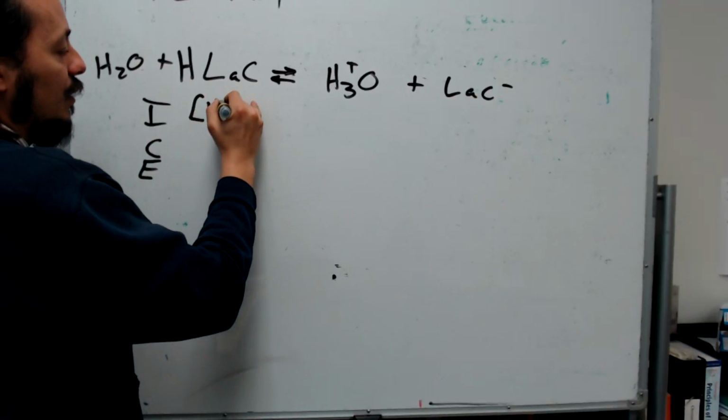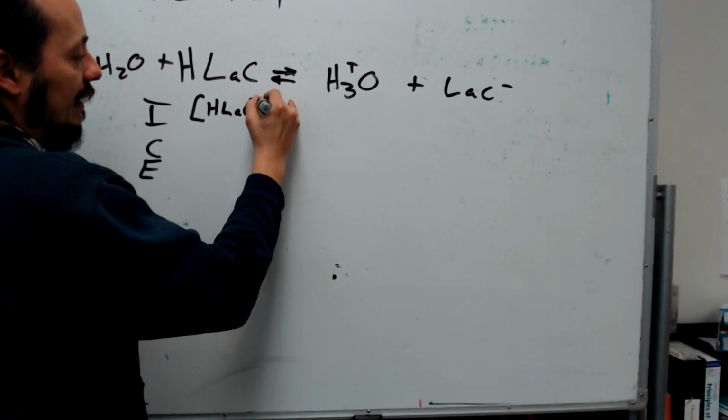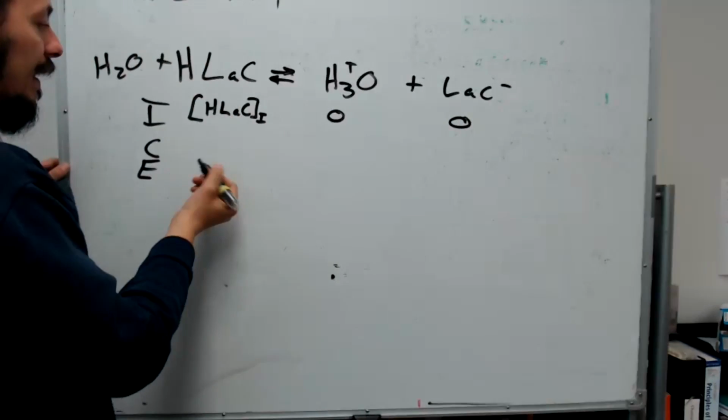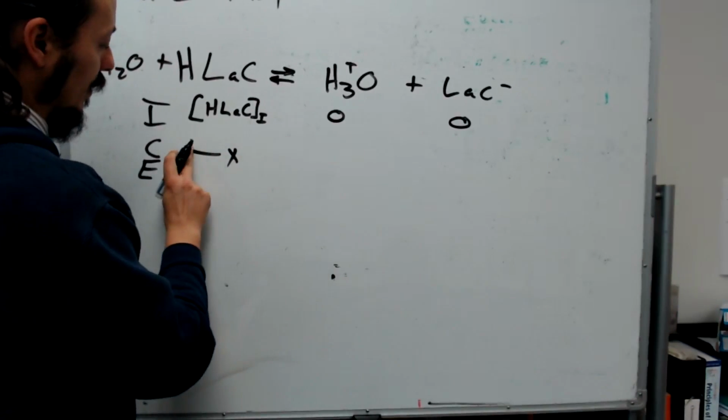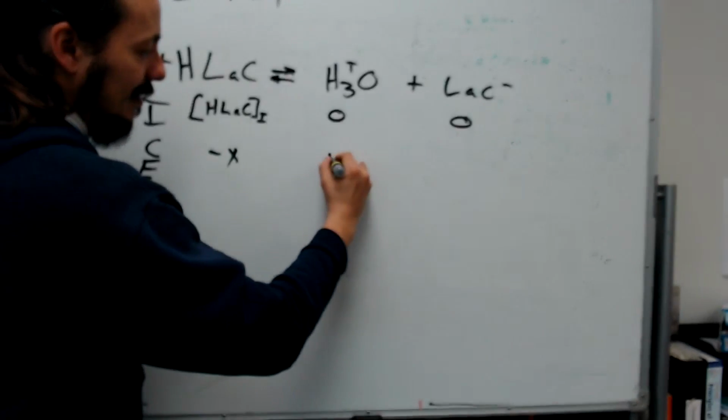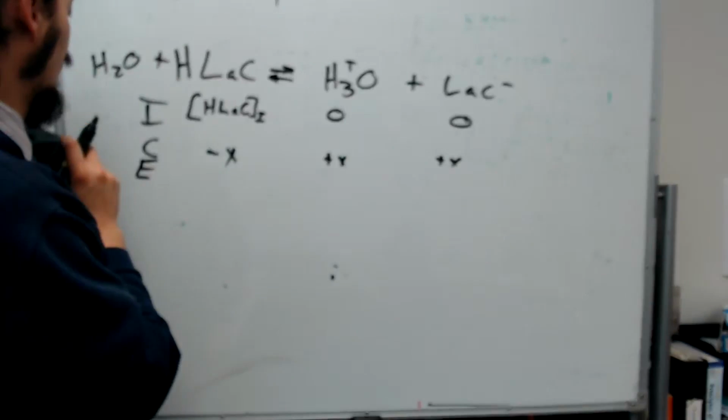We can just say the initial concentration of lactic acid, I'll call it HLac initial, 0, 0. The change is minus x, plus x, plus x.